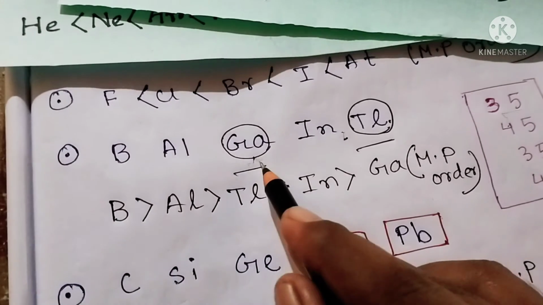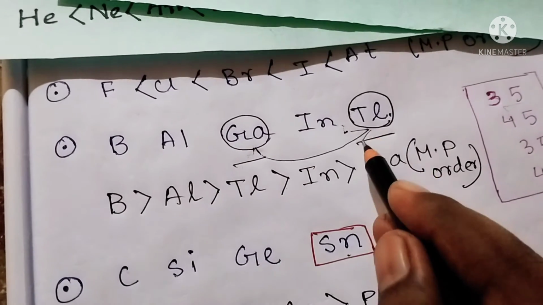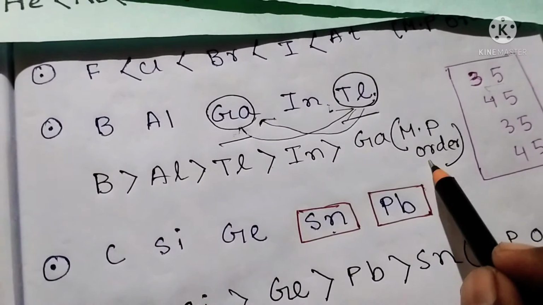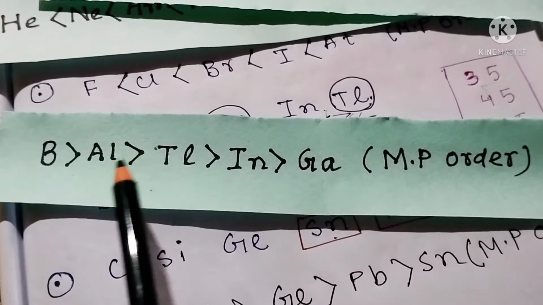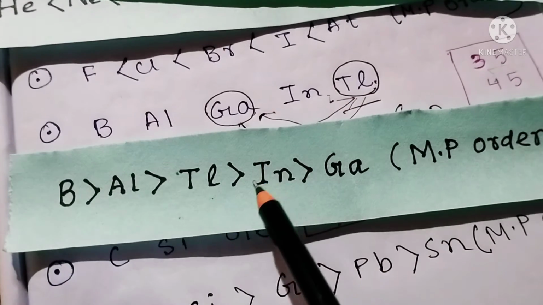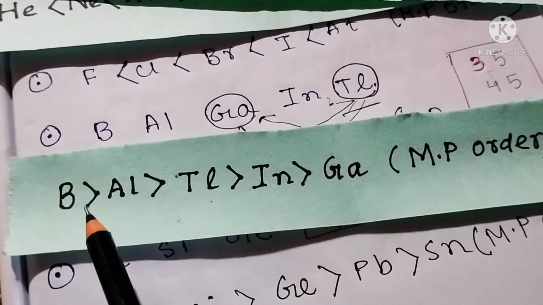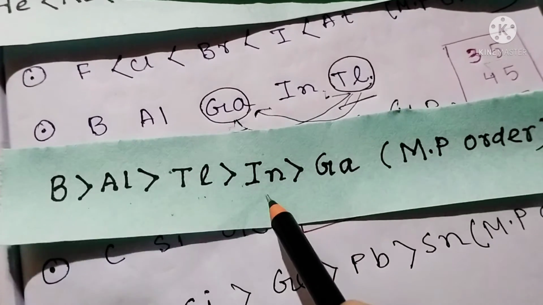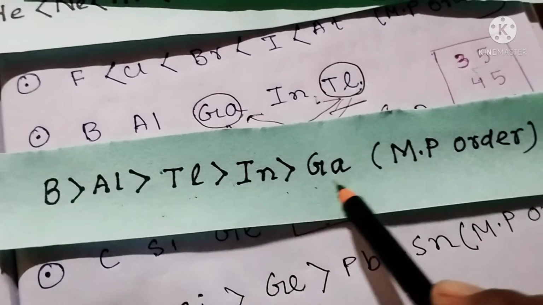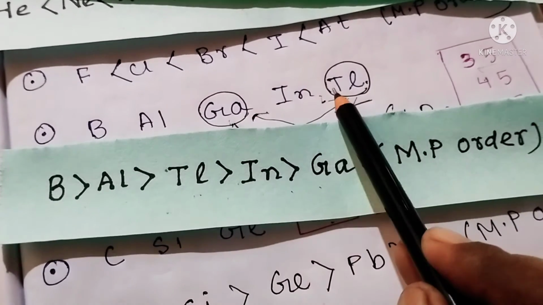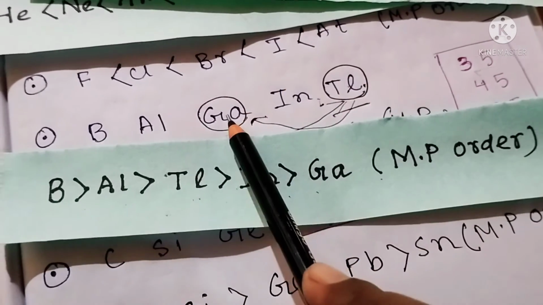The 3rd position shifts from here to here and the 5th position comes here, and we get the melting point order: boron greater than aluminium, greater than thallium, greater than indium, greater than gallium. This is the melting point order. The 3rd position shifts and the 5th position shifts here.